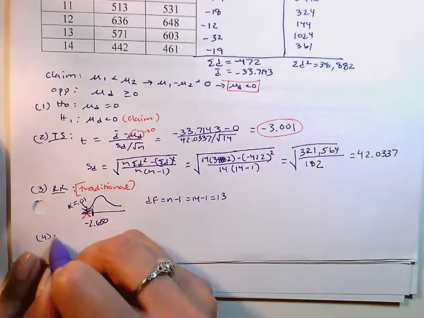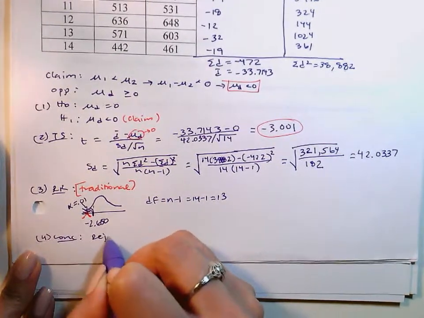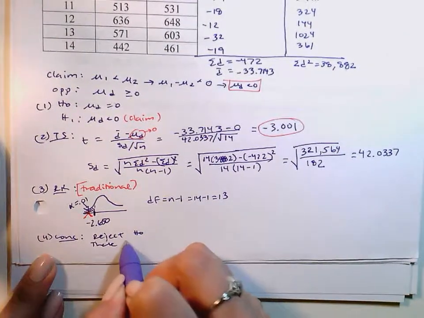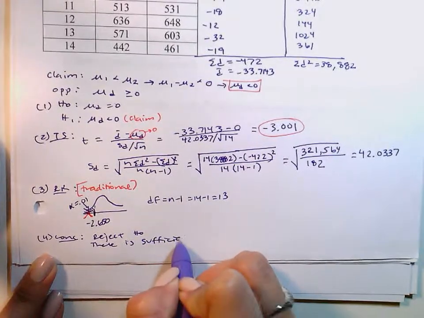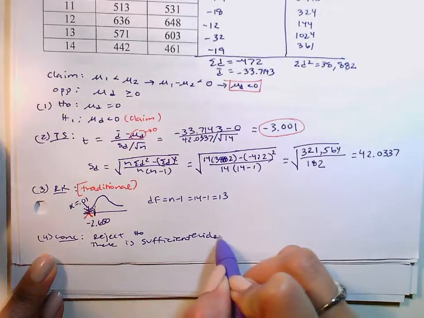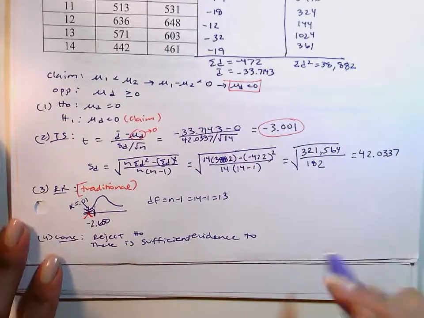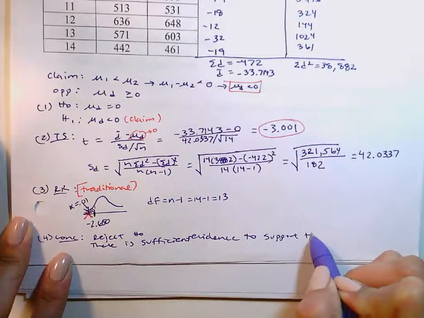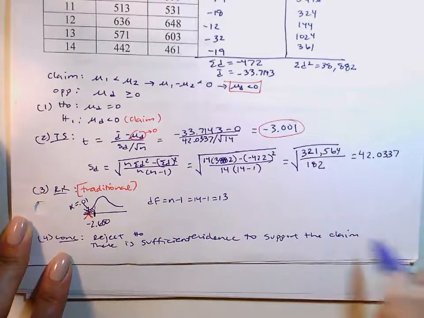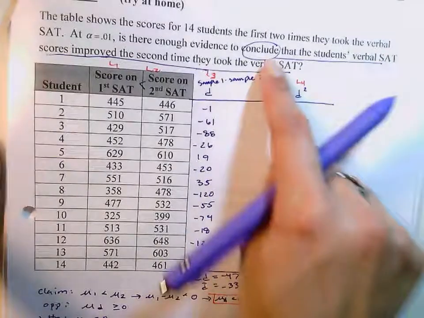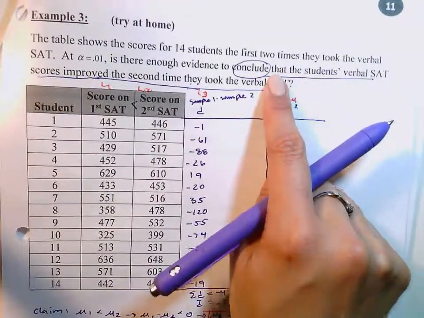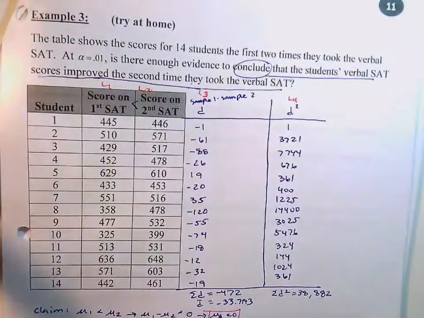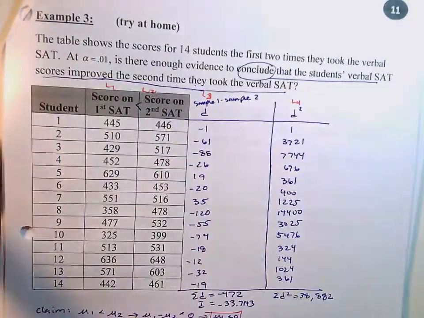So in conclusion, we're going to reject the null hypothesis, and if we reject the null hypothesis, there is sufficient evidence to, and in this case the claim is an alternative, so we can say support the claim, and we're going to go ahead and copy out starting from conclude. So actually starting at that, the claim that students' verbal SAT scores improved the second time they took the verbal SAT. And this is based on alpha equals 0.01.